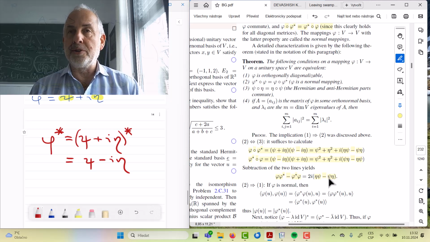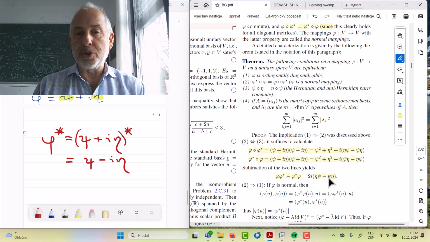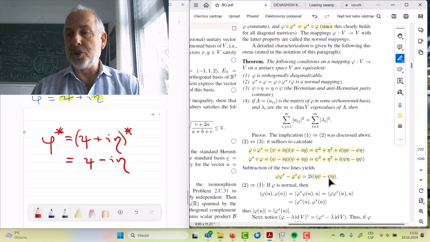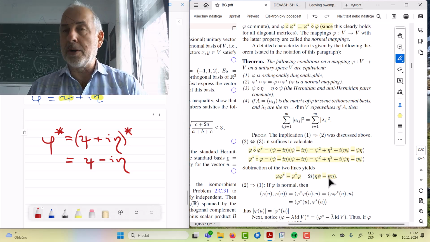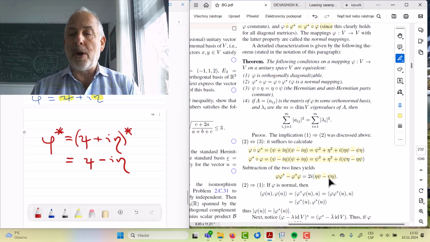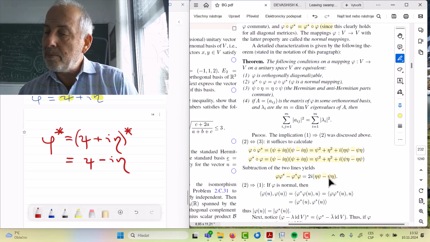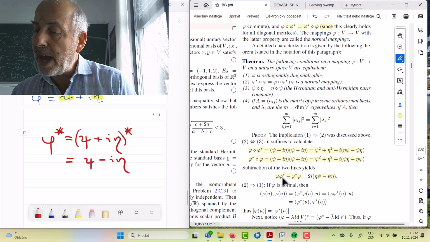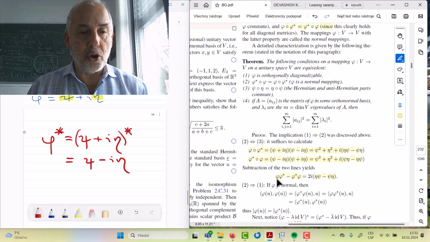The only difference is that whereas the complex numbers are commutative, the matrices are not. And if the real part and imaginary part commute, then it's the same thing as having the property that phi commutes with its adjoint.